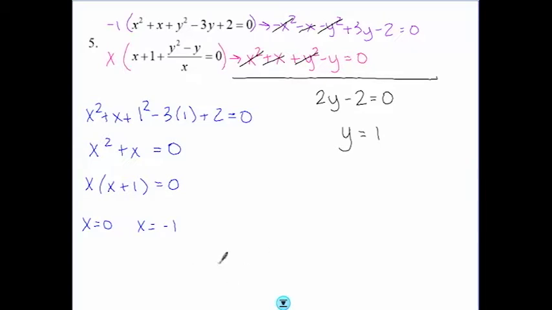So my two answers are (0, 1) and (negative 1, 1). So these two equations, if we graphed them, would intersect at these 2 points.